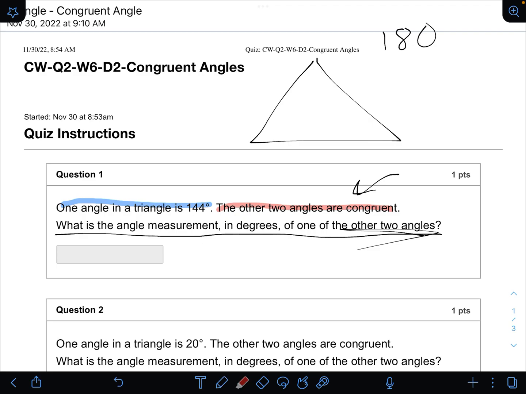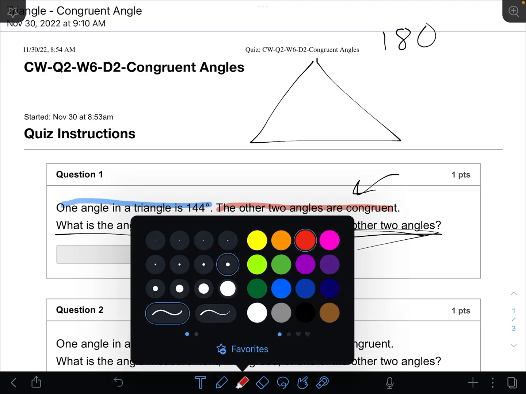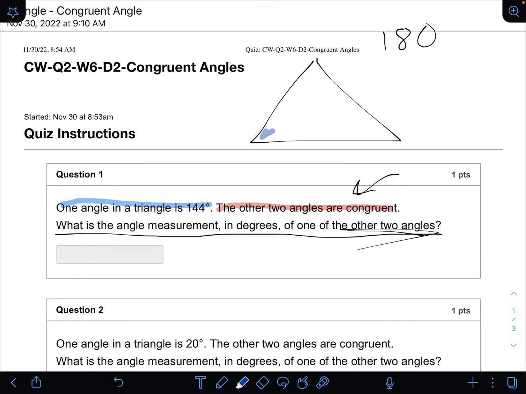We know that one angle is 144, so I'll say that angle is 144. And the other two angles are congruent, and congruent means equal. So this angle and this angle are the same.